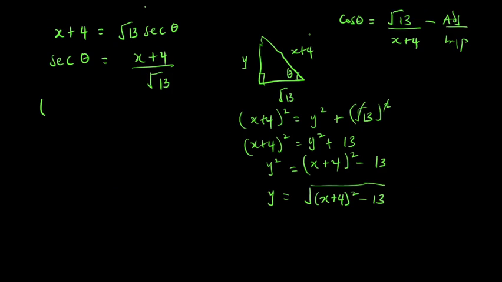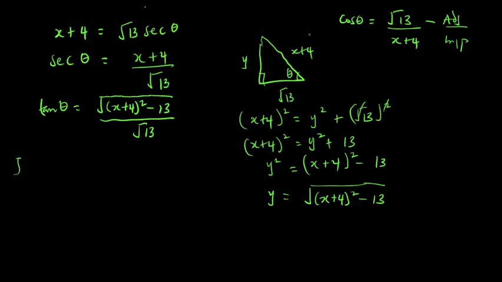So to find tan theta, it is the opposite over the adjacent, and the opposite is y. So tan theta equals the square root of x plus 4 squared minus 13 over the adjacent, which is the square root of 13.